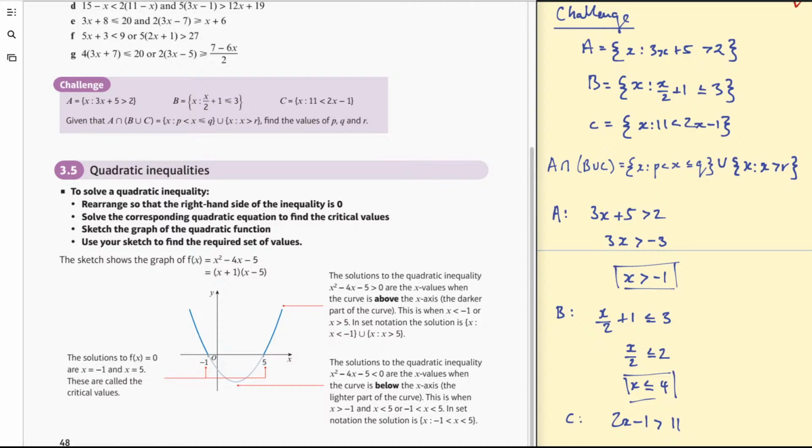GCSE Maths Tutor has also a video on quadratic inequalities. Exam Solutions has a video on quadratic inequalities. 2 good channels you could check out. Here we go, quadratic inequalities.